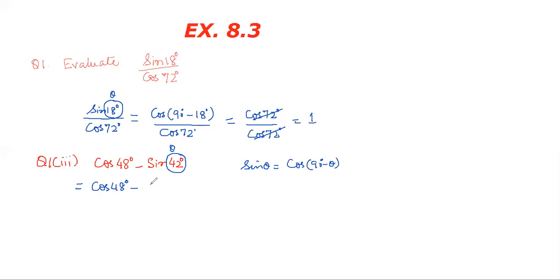So children, I'll change the style of writing sin 42 degrees. Sin theta will now become cos 90 minus theta, and I'm assuming theta as 42 degrees. So in place of theta, I'll be writing 42.